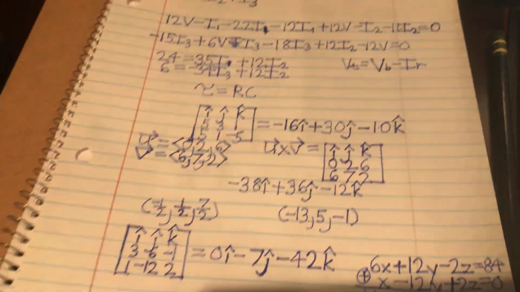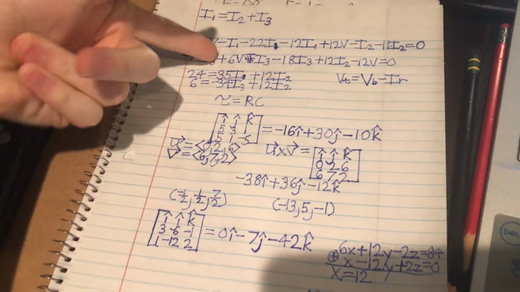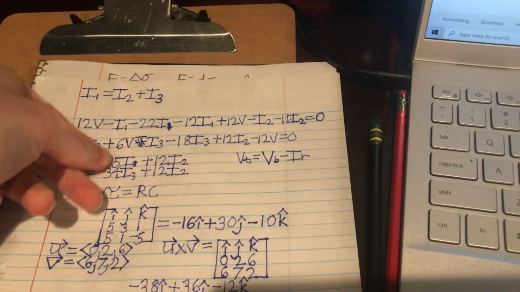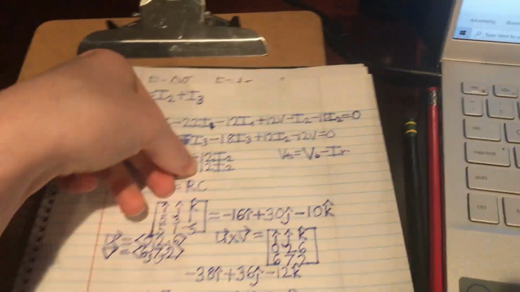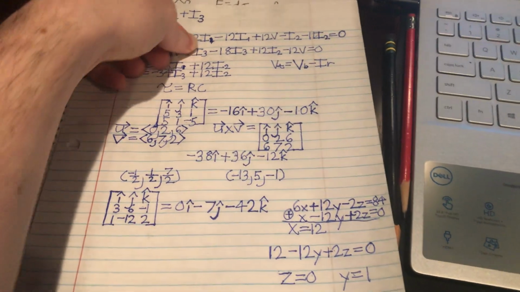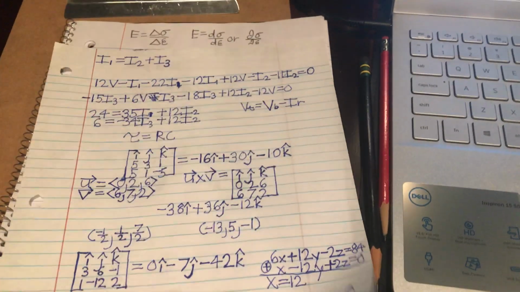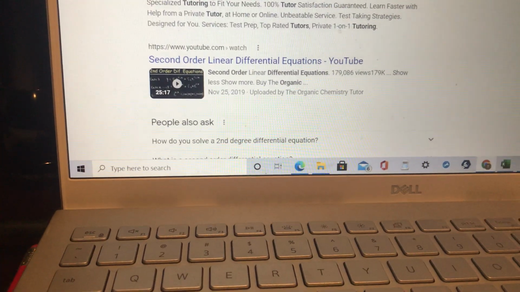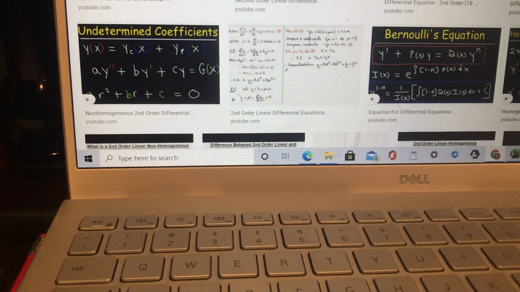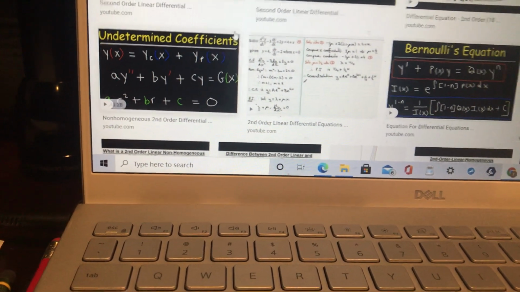This here is basically electricity and magnetism, in which I apply Kirchhoff's current laws and calc 3.